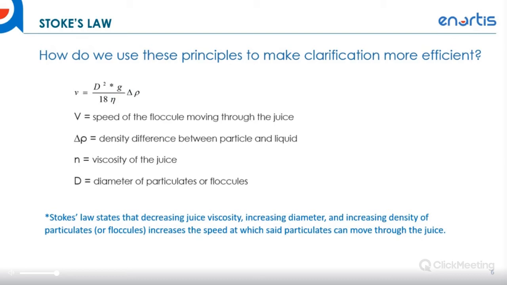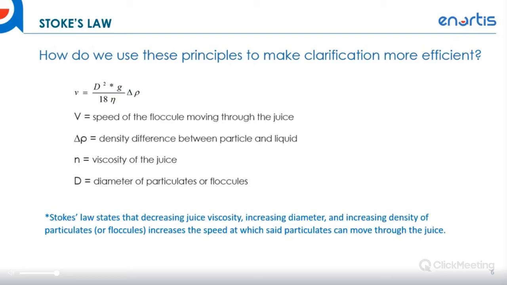The speed at which that floccule moves through a juice, or the clarification speed of a juice, is dependent on the density difference between the particle and the liquid. The more dense the floccule or the particle is compared to the liquid, the more quickly it will move through the liquid.